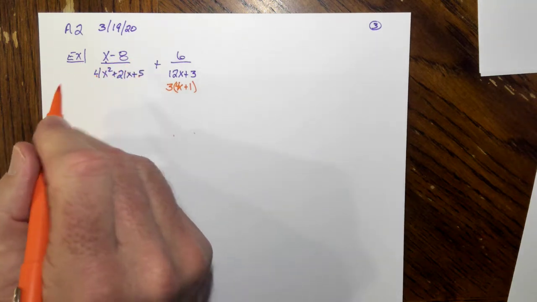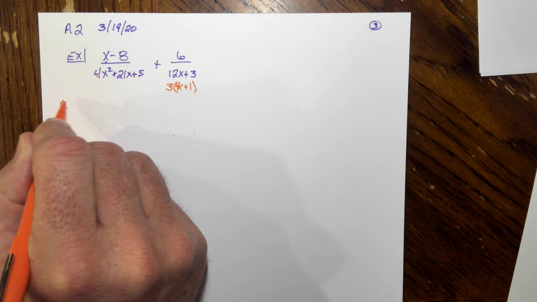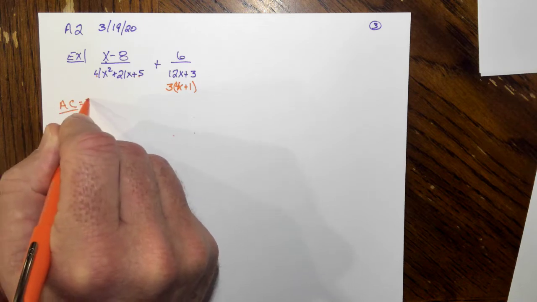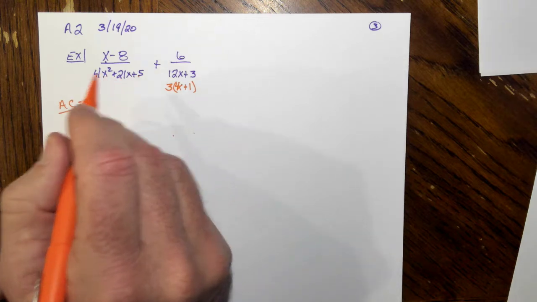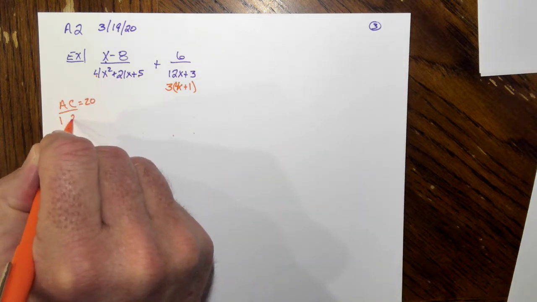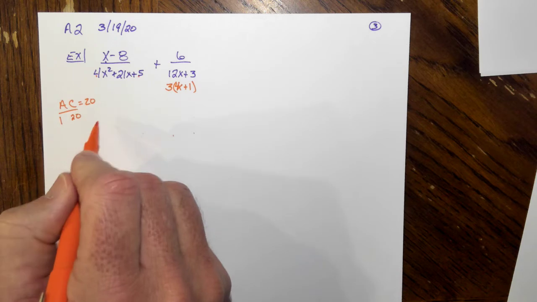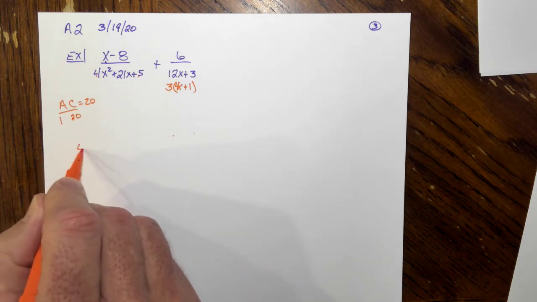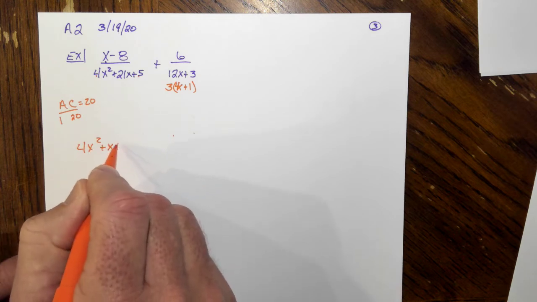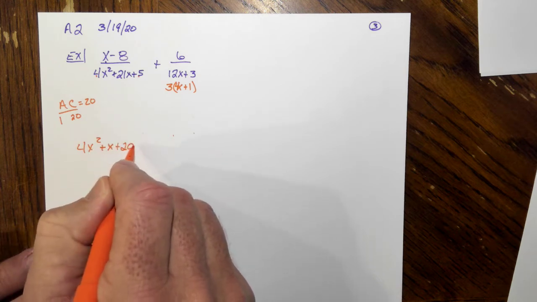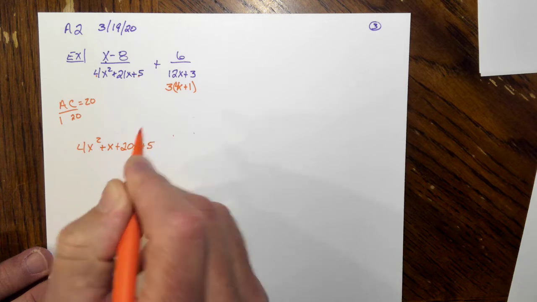Over here, AC method going on. So with the AC method, AC equals 20. We need two factors of 20 that add to 21. Well, that's going to be 1 and 20. So we're doing my work down here: 4x squared plus x plus 20x plus 5. Why did I choose that way?